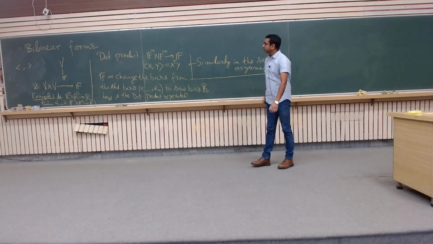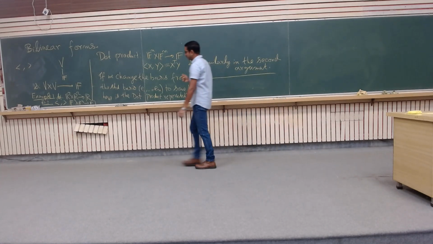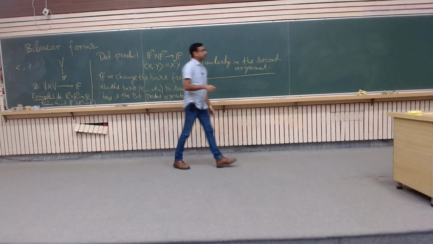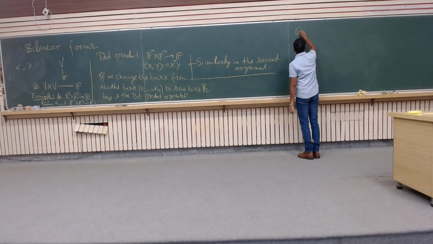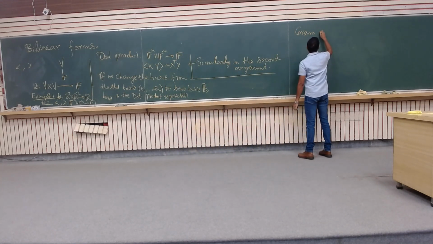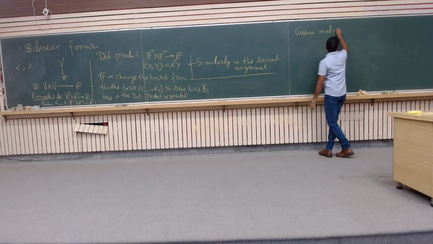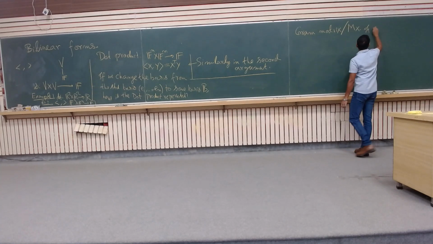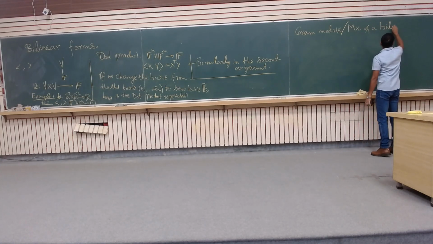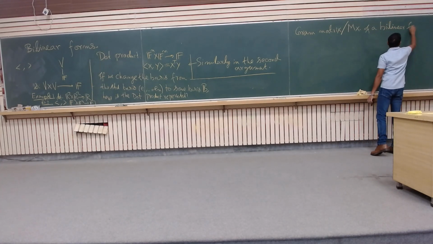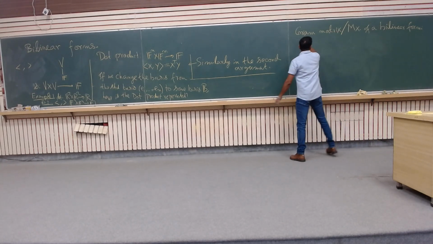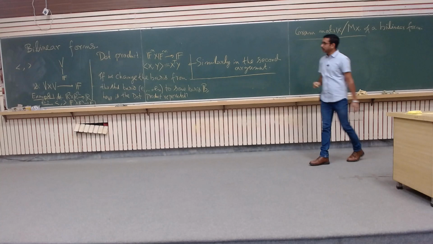Before that, we must discuss what is the matrix of a bilinear form, or the Gram matrix. So let's define it.